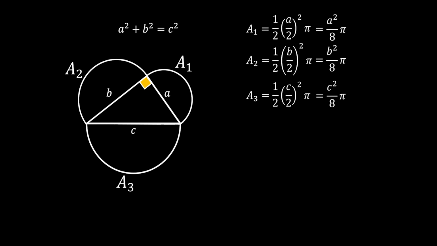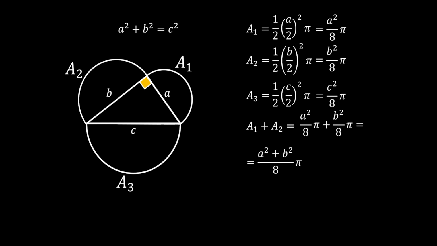Now let's try to find the sum of the areas A1 and A2. Again, we will substitute our values, and you can see that again we have the same denominator, so we can group this and get the quantity A squared plus B squared over 8 times pi.